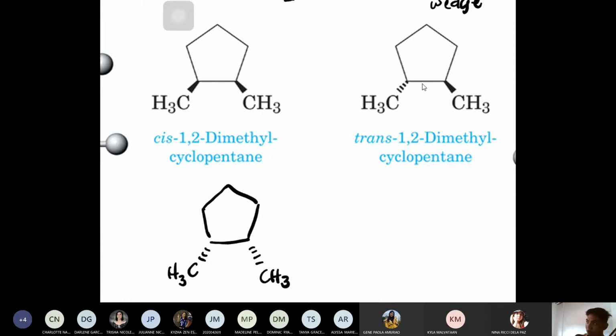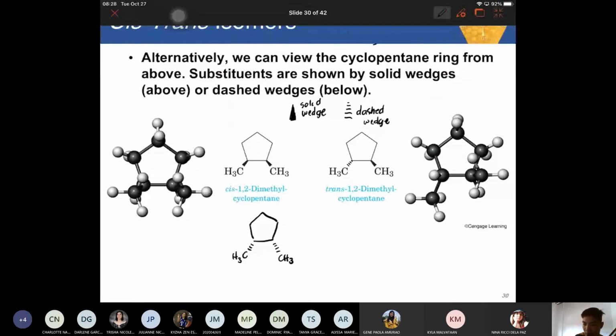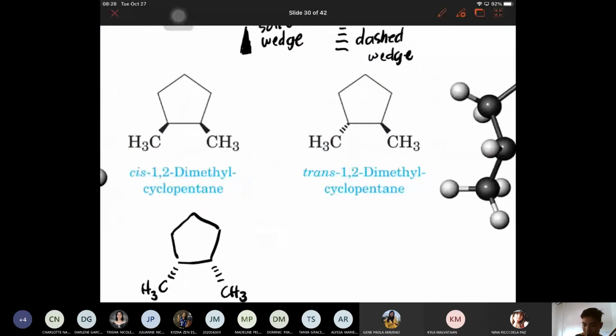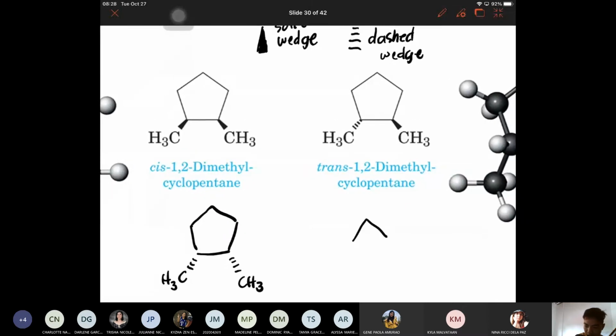Another version of this trans isomer is yung magkabaliktad naman sila. So another version of that molecule is ito. Ito yung isa pang version, wherein yung nasa left, it is pointing towards you.